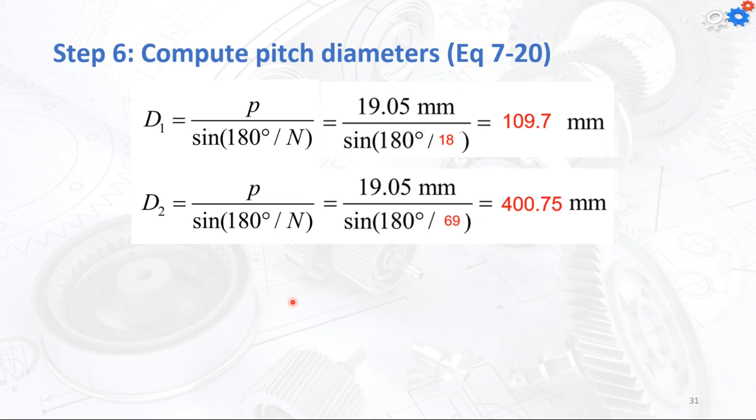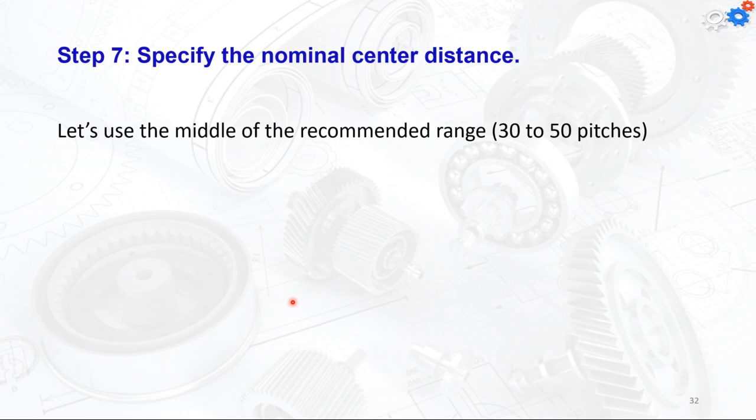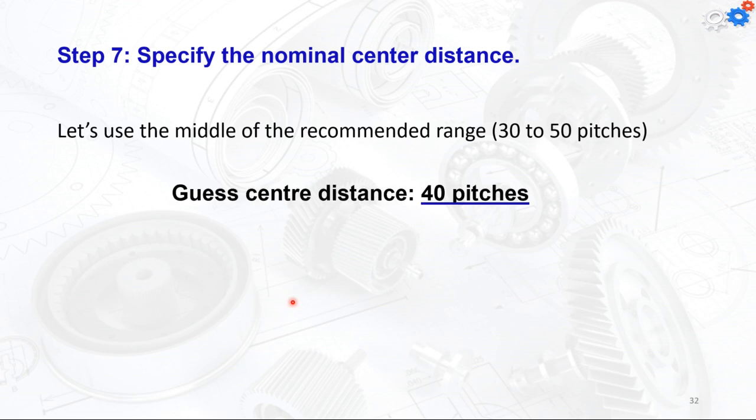A large design is going to give me a heavier chain, and this will cause a problem: more vibration, too noisy, and of course it's going to shorten the life of the machine itself. So we go to step number 7, which is specifying the nominal center distance, and that's where we're going to use anything within the range of 30 to 50 pitches. So we can guess that the distance is going to be 40 pitches for this design.